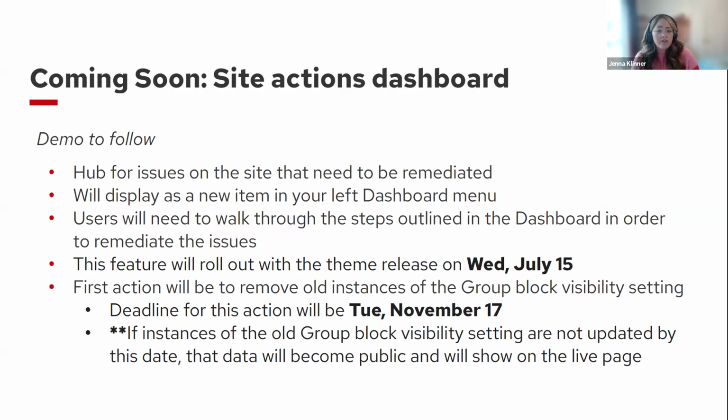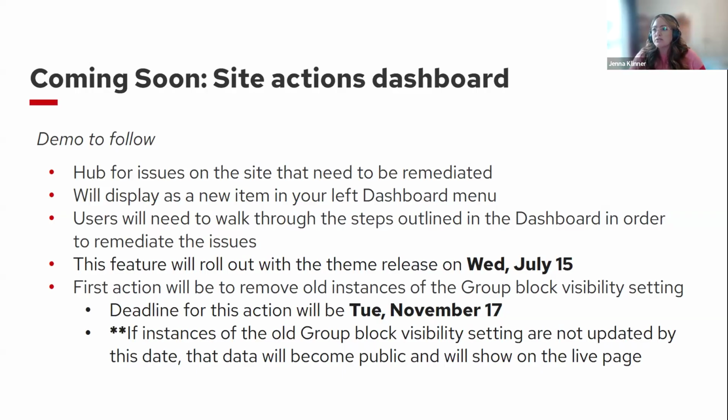We wanted to give folks a couple months to make those changes. We don't anticipate this one is going to impact a lot of groups. But for the folks who are impacted, it might be helpful to have some time, especially where we're also doing migrations. As a note, after that date, if there are instances of the old group block visibility setting that aren't updated to the new one, once we make that change to remove the old way, that content becomes public. So we really want you to move those over.